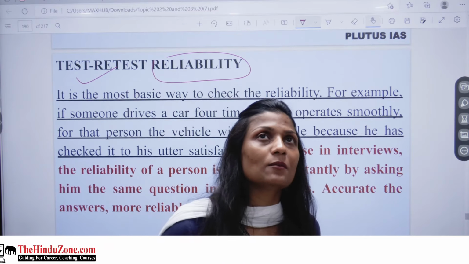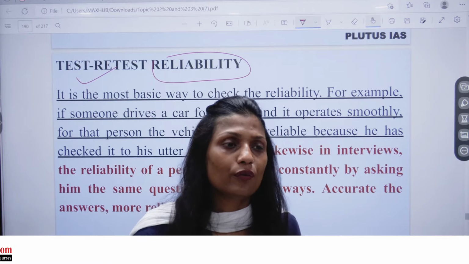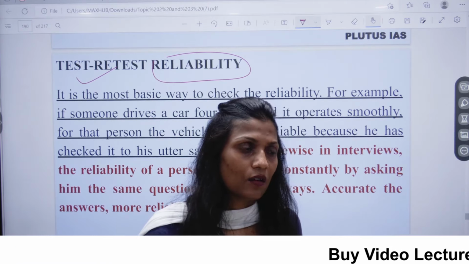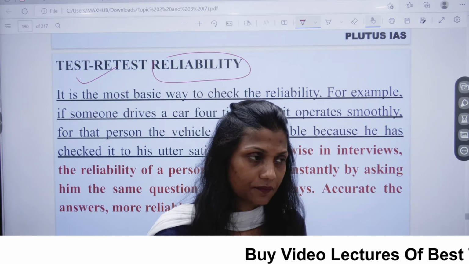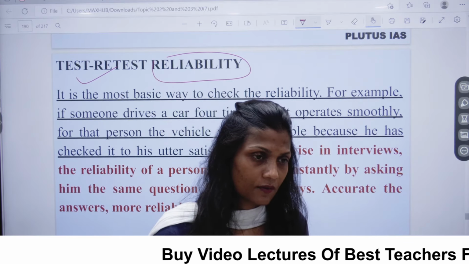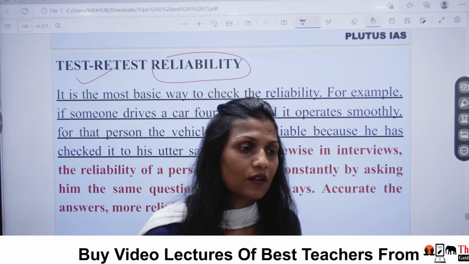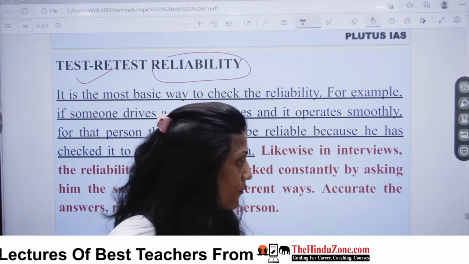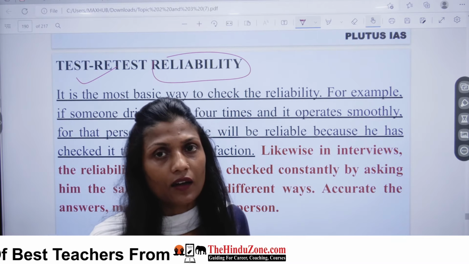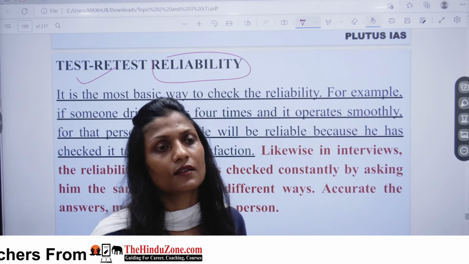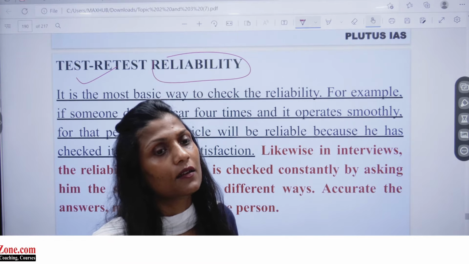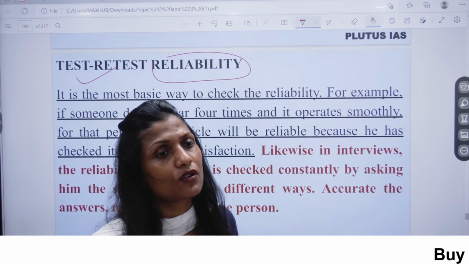They can have check and balance of their findings, whether they are influenced by any preconceived notions.